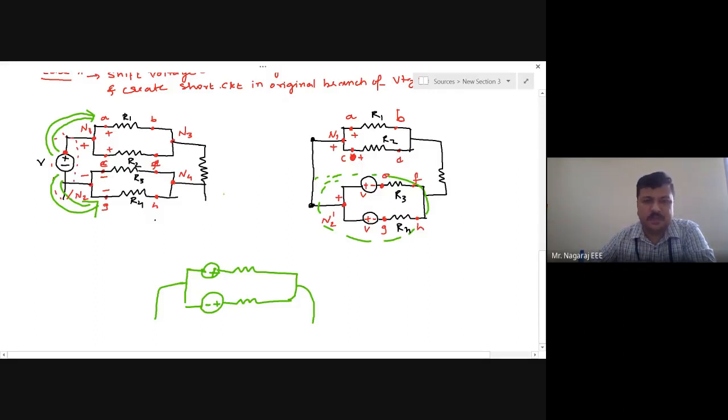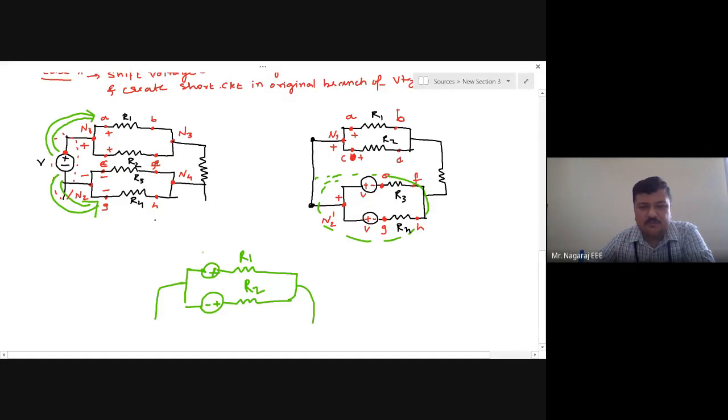Why? Because sometimes, if a source is there in a particular branch, I cannot take the effective value of that. Can I take the effective resistance of these two until I convert these branches into current sources? Now this is R1 and R2. Can I take the effective value of R1 and R2 directly?